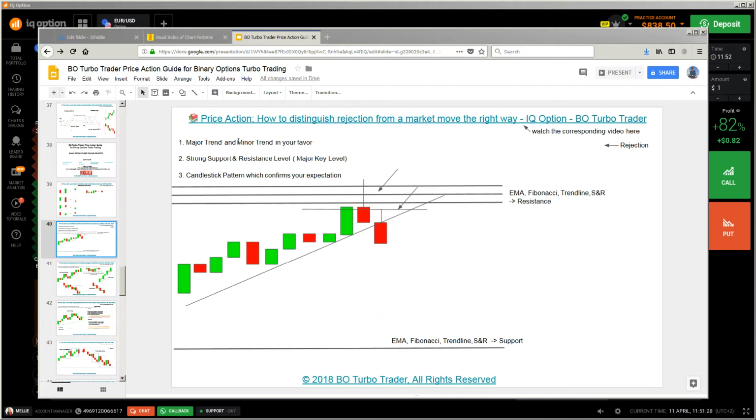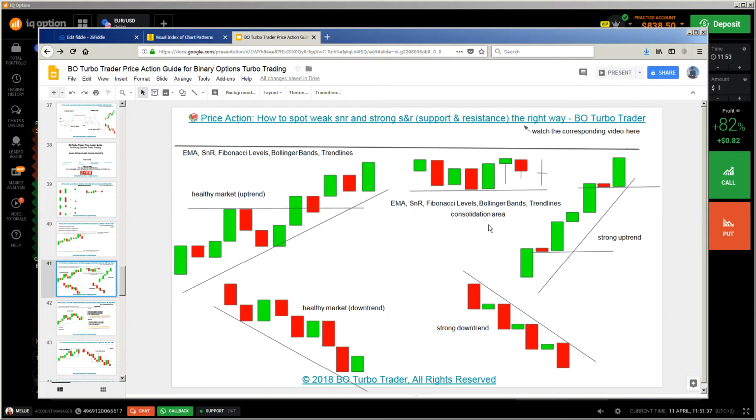So this is about the trend, support and resistance area, and the candlestick pattern. Then watch the video about the market condition, because we are talking about two different types of trading setups. One is the continuation trading setups, and the other is the reversal trading setups. The reversal trading setups you trade almost in a healthy uptrend or healthy downtrend.